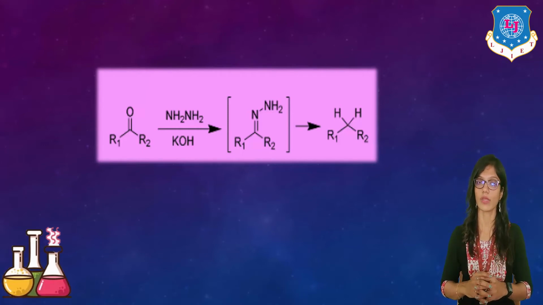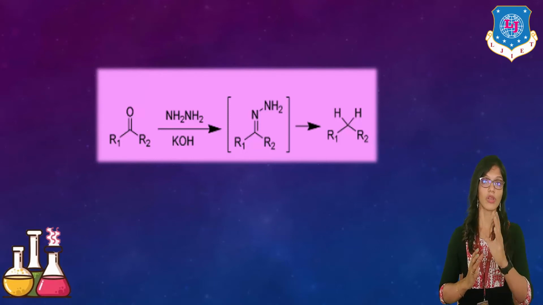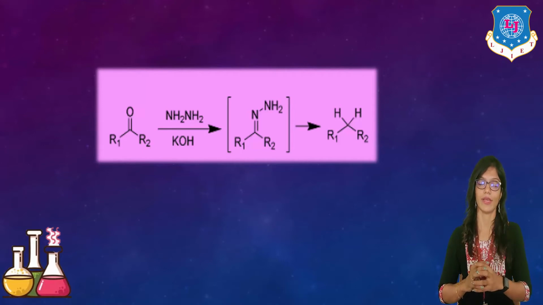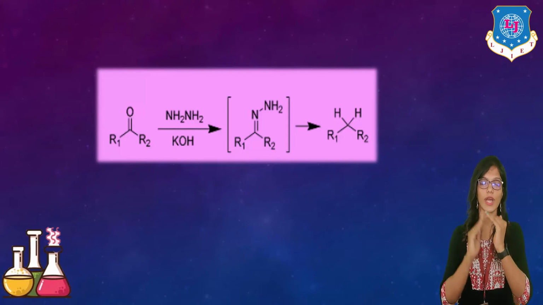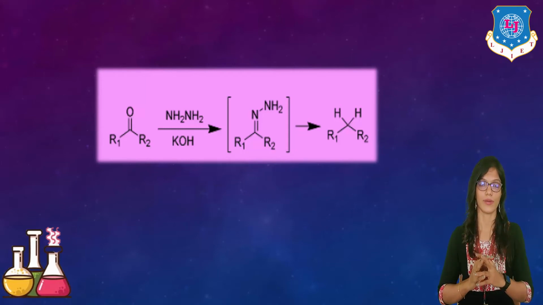So two R groups are there, and it will contain carbon with double bonded nitrogen. Okay, so at last that particular group will be removed and H will be added. So the central carbon contains 2 H and 2 R groups.